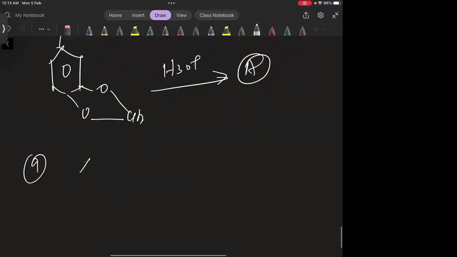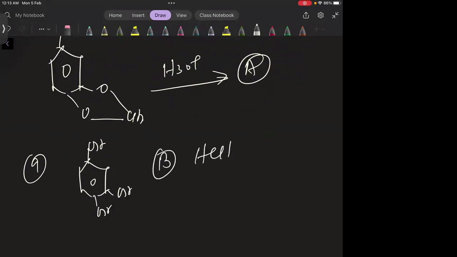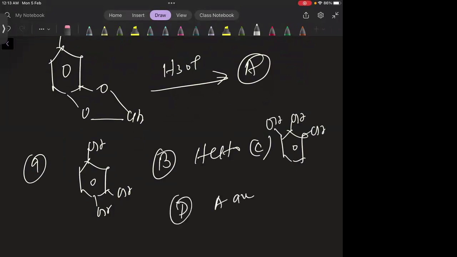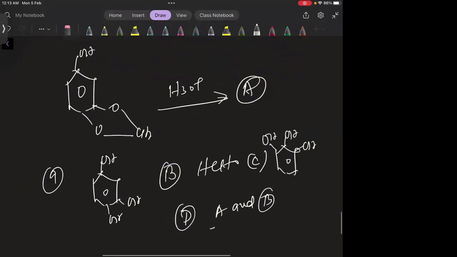A is the compound with OH, OH, OH. B option is HCHO, and C is the compound like that with OH, OH, OH, and D is A and B both. What do you think?